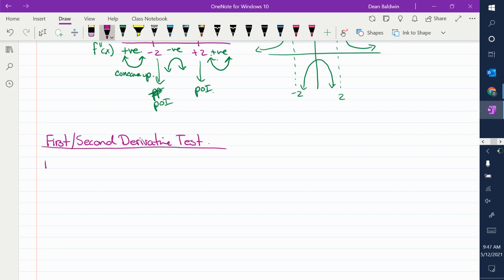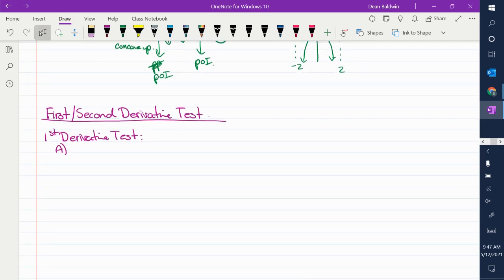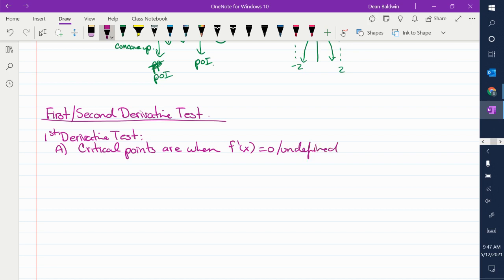So, first derivative. Critical points are when f prime of x equals 0 or undefined.